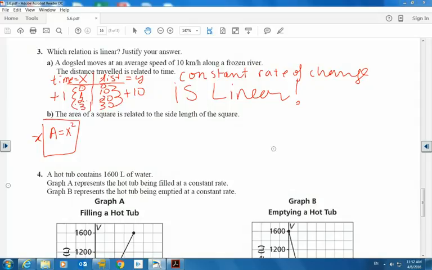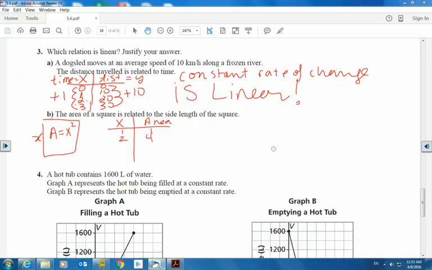Let's have a little table of values here. So the length is x, and then what is my area? Y. Let's say I have a square of length 1. What's my area? 1. Let's say it's now two-sided. So it's 4.